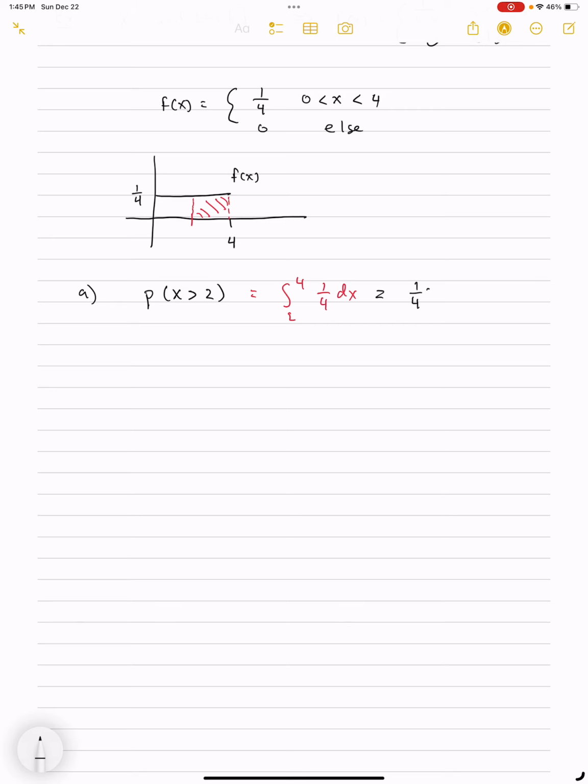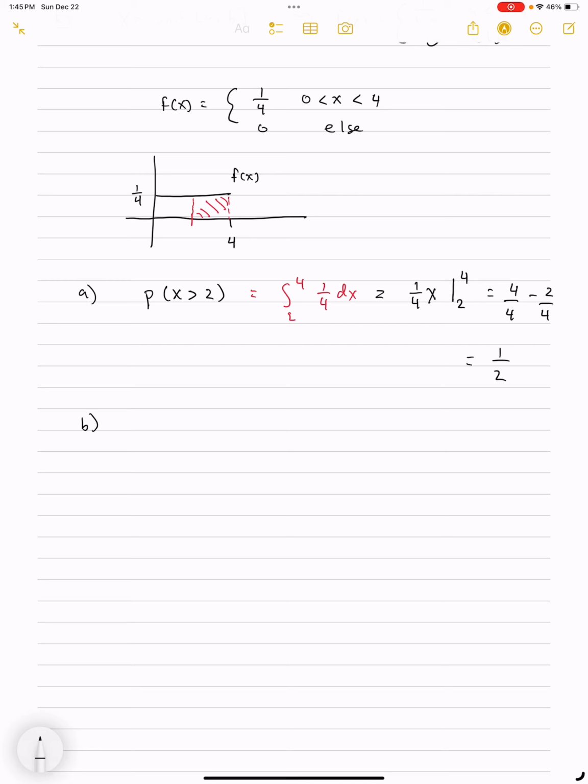So this is going to be 1/4 x between 4 and 2. This becomes 4 over 4 minus 2 over 4, and indeed this is 1/2. So that is the amount of probability that we get, and it matches our intuition.